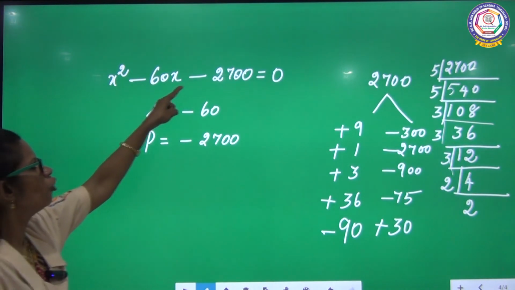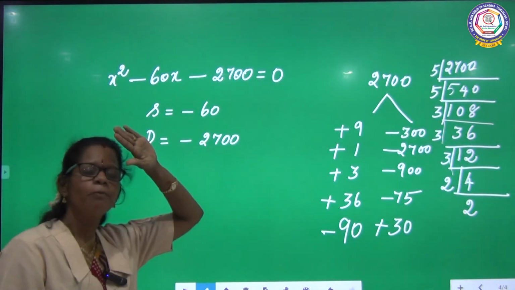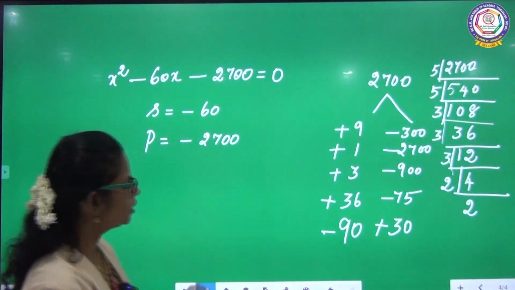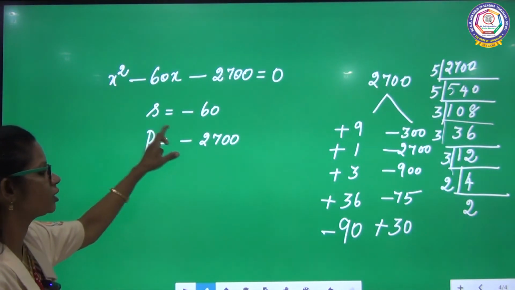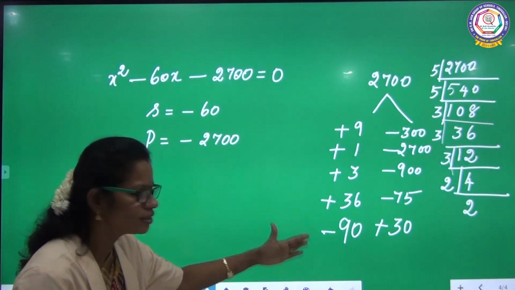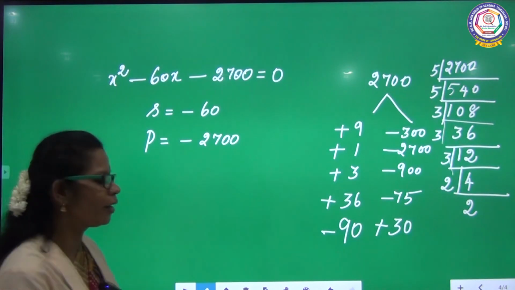Sum is negative, product is negative, bigger number negative, smaller number positive. Based on your sum only I told you to select the possibility. While seeing itself you can understand which is apt.